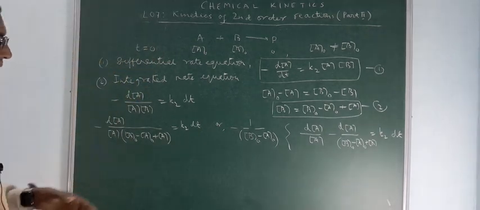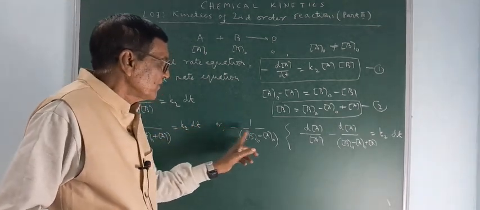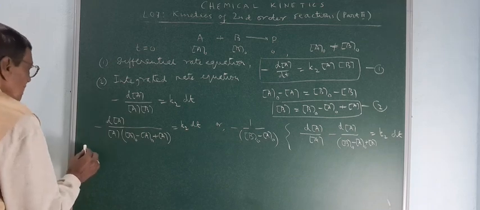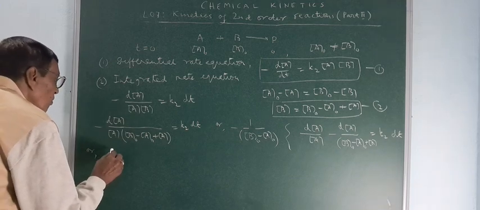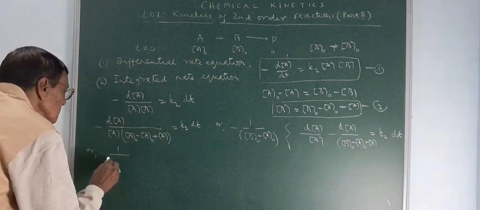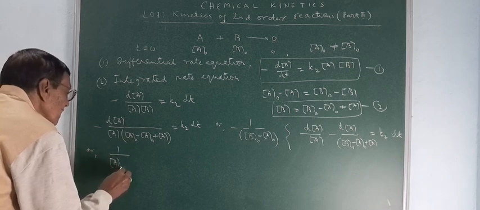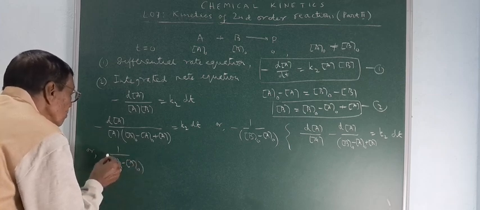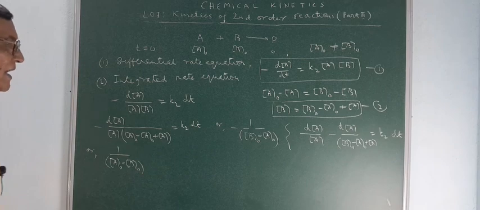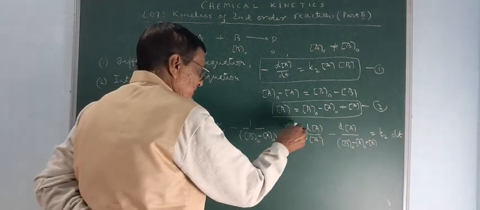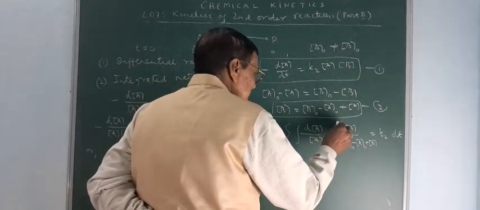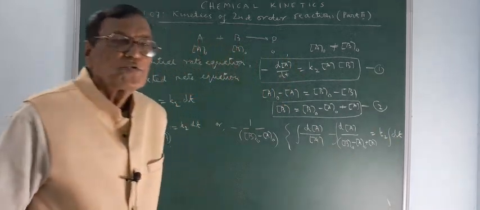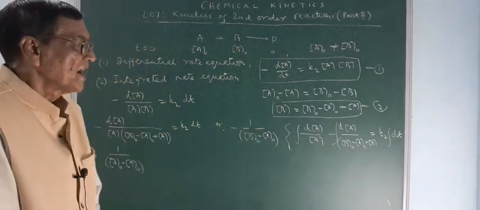Now, if I omit this minus sign, then this will come here and this will go there. So 1 by A naught minus B naught within brackets, and you do the integration. Here it is integrated, here it is integrated, and here also integrated. K2 is constant, so it goes outside the integral sign.